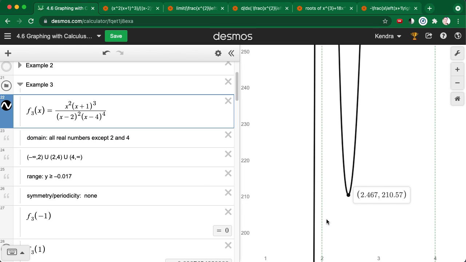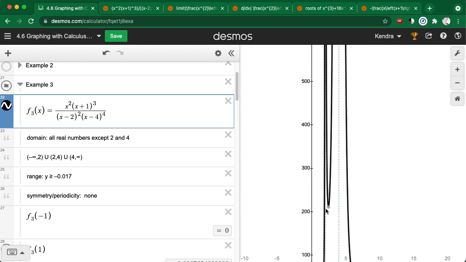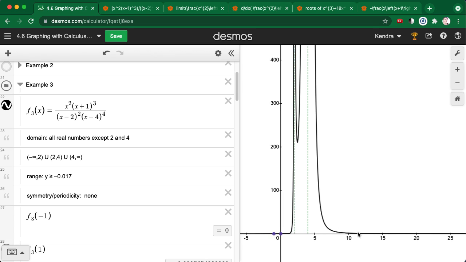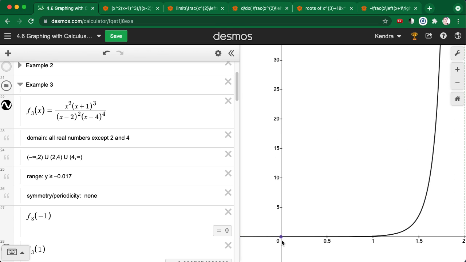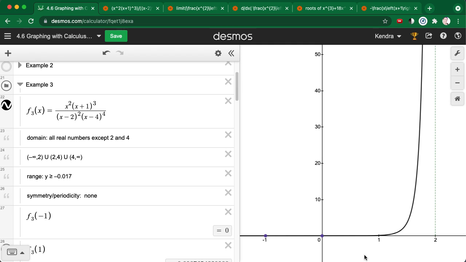And from all of these different viewpoints, we get a picture of the concavity as well. It looks very much like the function is concave up between 2 and 4. I'm going to guess that. And it looks like it's concave up to the right of 4. And it looks like it's concave up between 0 and 2, I think.